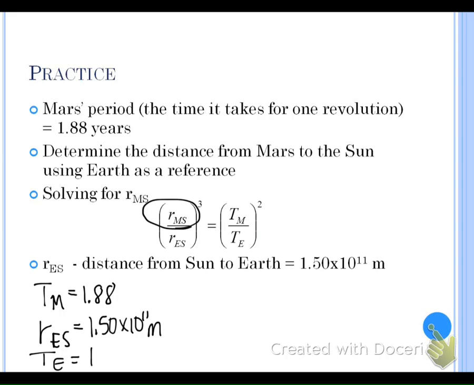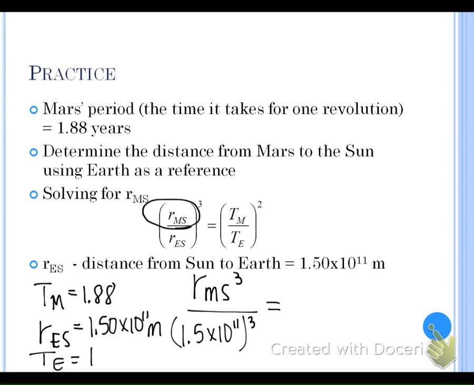We're going to solve for R sub ms, and that's going to be cubed, because outside the entire parentheses is cubed. Then we put that over the distance from the Earth to the sun, which is 1.5 times 10 to the 11th, and that whole term needs to be cubed.